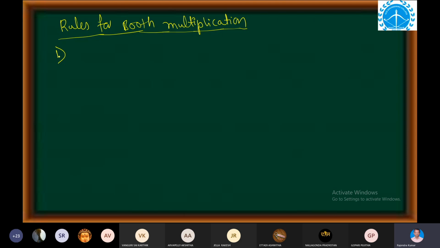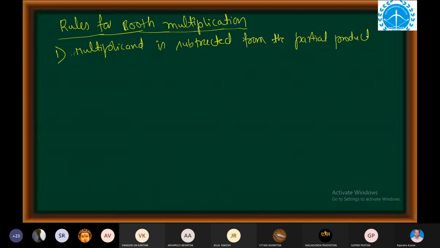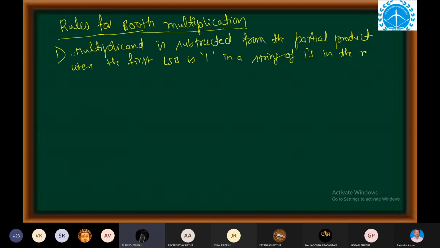The first rule: the multiplicand is subtracted from the partial product when the first LSB, least significant bit, is 1 in a string of ones in the multiplier.